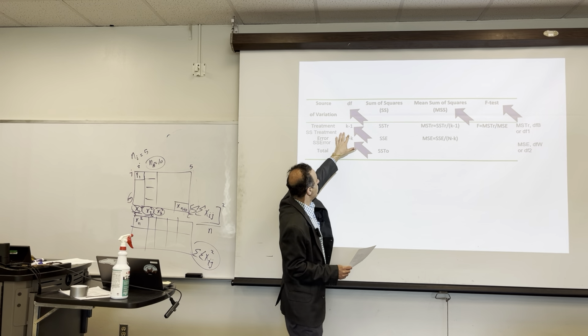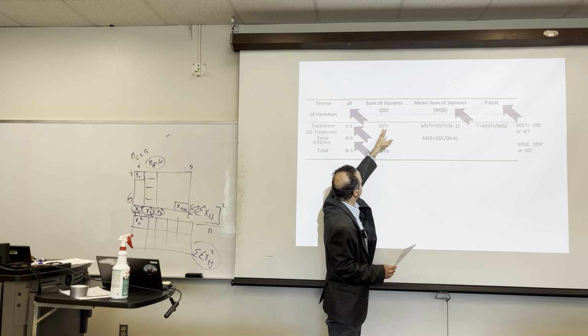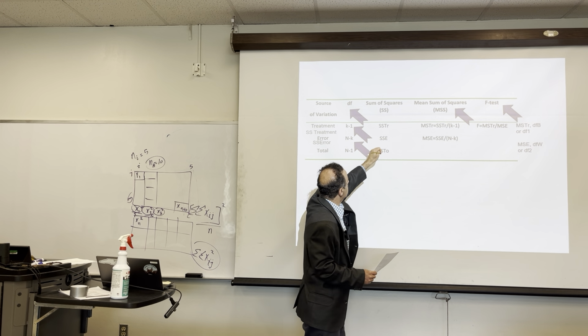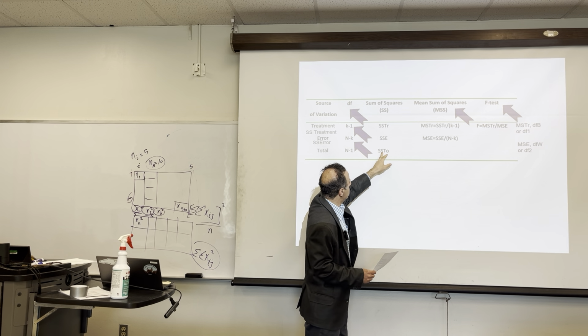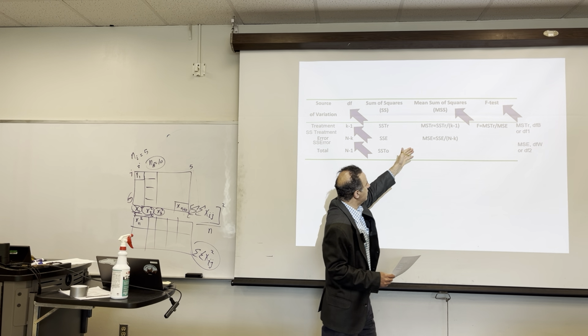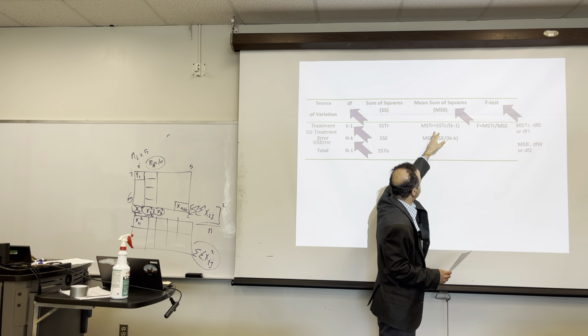Okay, so now we have degree of freedom. We want to find the sum of the squares for between, within, and the total. Then find the mean sum of the squares. Use this equation, and these are the degrees of freedom. Once you have these two, the mean sums, you can find the F-test. You can find the F from the table, from the chart.